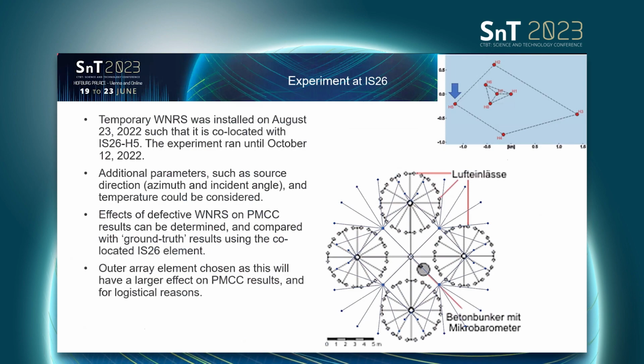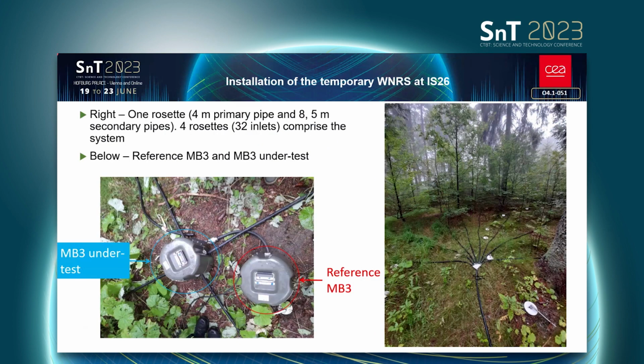The idea was that we would have the IS-26 measurements, so we weren't touching those, and it wouldn't have any effect on those, but we would have those as our reference, not a ground truth, but I'll call it a ground truth. That way we have something to compare it against, and we can play with our temporary system, blocking pipes, and adding defects to see what effects they have and what would happen.